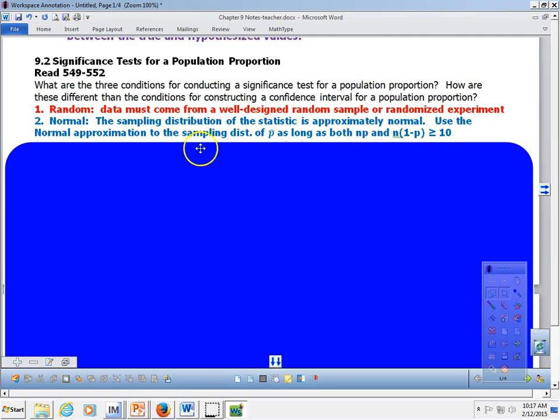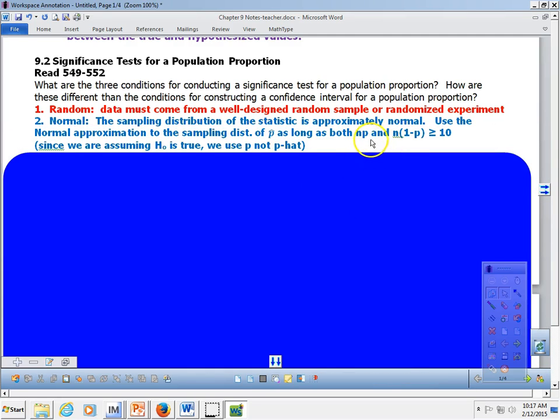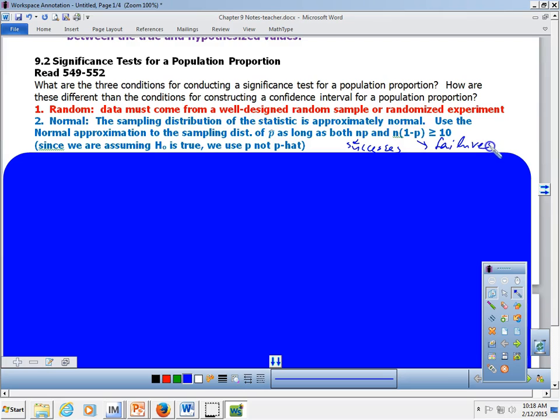We can use that normal approximation as long as both n times p and n times 1 minus p are bigger than 10. Remember that these were successes and failures that we would expect to get out of a sample, right?